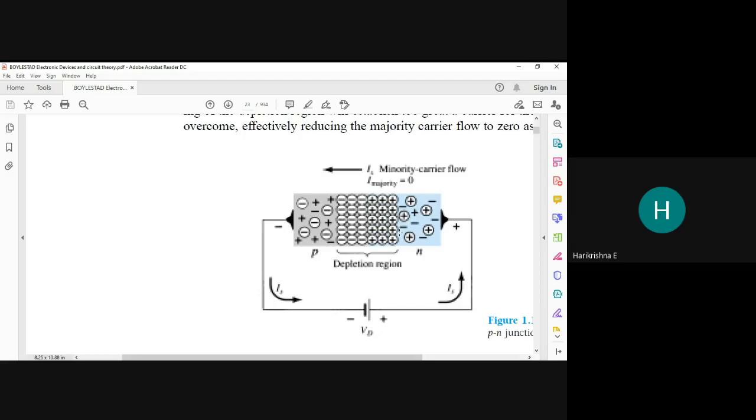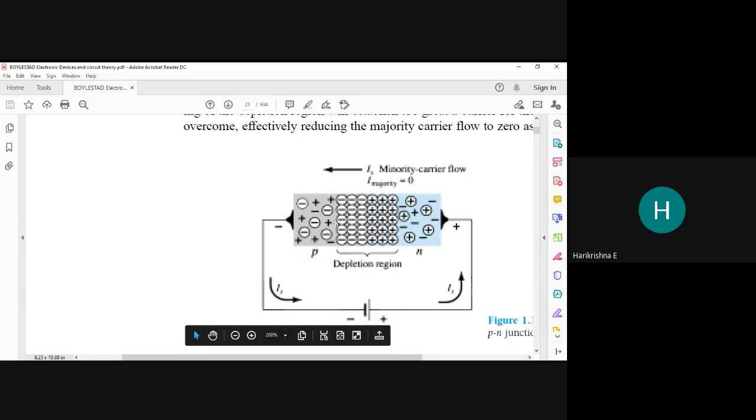Minority charge carriers are less in number. In a p-type semiconductor, electrons are minority charge carriers, and they are repelled by the negative terminal towards the n-type material. In the n-type material, the minority charge carriers are holes, which are repelled by the positive terminal of the battery and cross the junction.